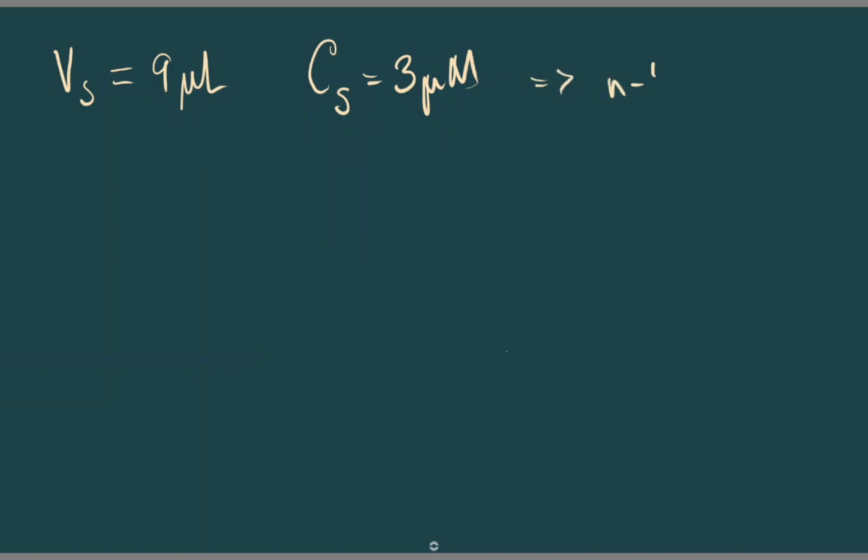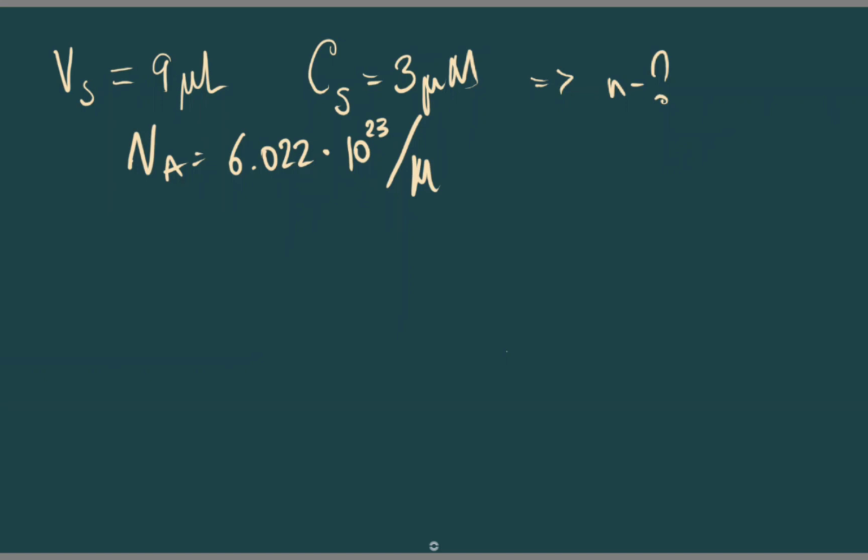So now we know our stock volume, and it will be 9 microliters. We also know our stock concentration, which is 3 micromolar, and from here we need to know the number of molecules. We also know the Avogadro number, which is 6.022 times 10 to the power of 23 molecules per mole.